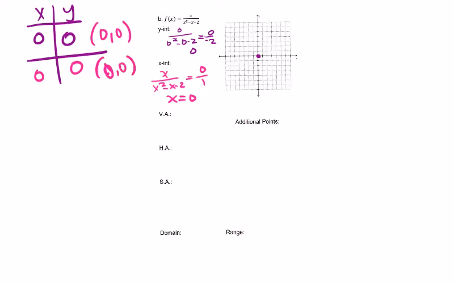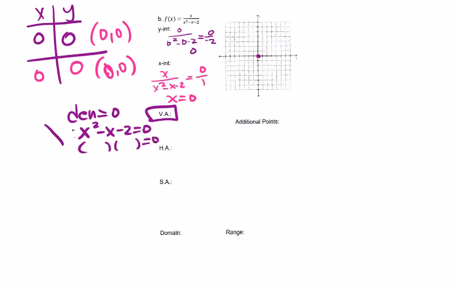Vertical asymptote. In order to find the vertical asymptote, we are going to set the denominator equal to 0. So we're going to take x squared minus x minus 2 and set that equal to 0, which means we need to factor. We're looking at two numbers that multiply to be negative 2 and add to be negative 1.